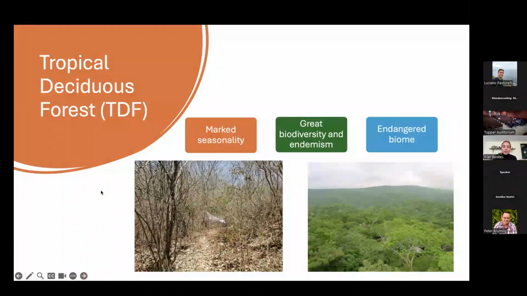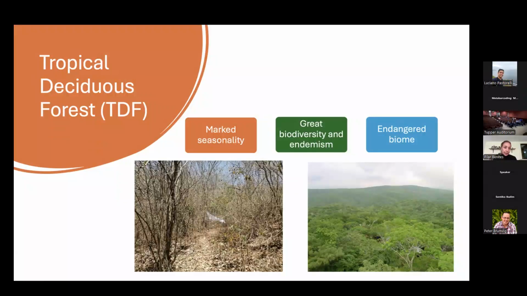Okay, so let's talk a little bit about the tropical deciduous forest, also known as dry forest. It represents one of the most diverse biomes in the world. This forest is defined by having a strong seasonality that causes alternating deciduousness, with most of the trees losing their foliage during the dry season, followed by regreening or an evergreen physiognomy in the rainy season.